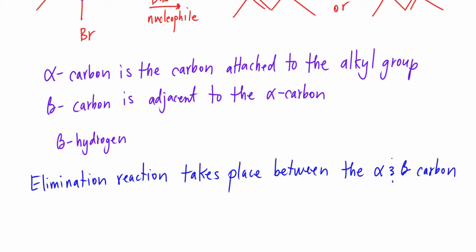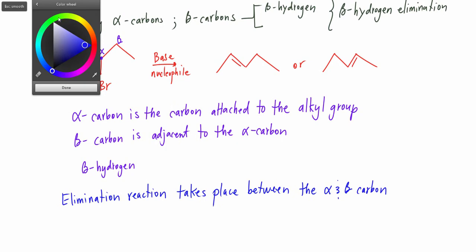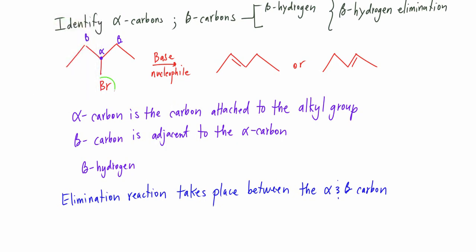So what we're actually eliminating is the halogen, or you could have an alcohol that's being eliminated, and we're eliminating a beta hydrogen. So the hydrogens that are attached to the beta carbons are beta hydrogens. So beta hydrogens are attached to beta carbons.